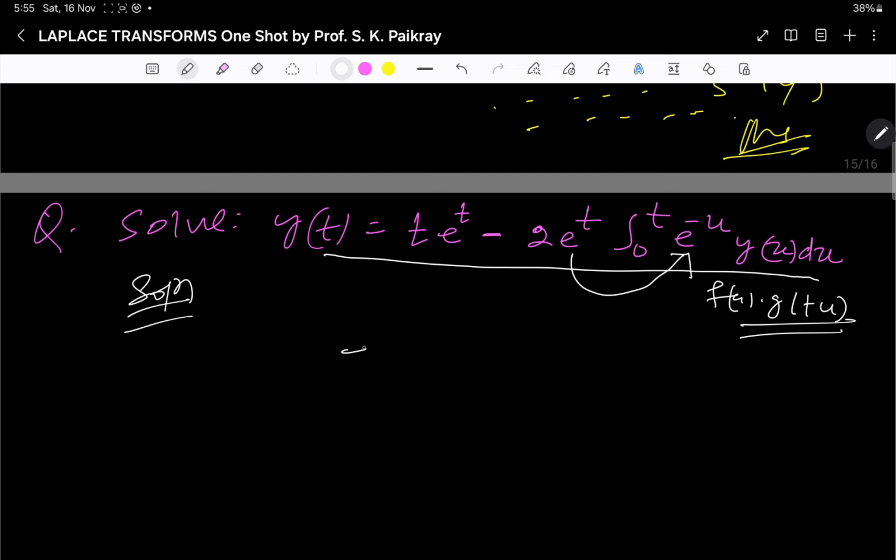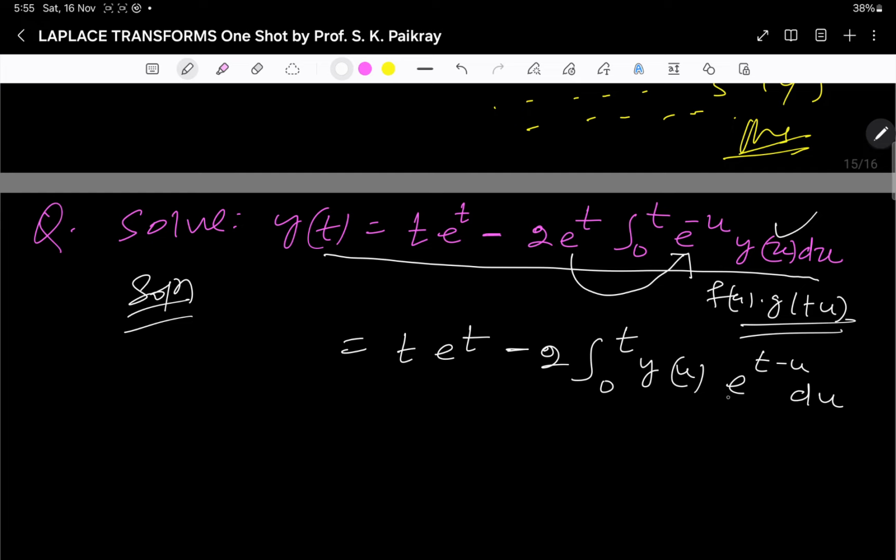So this will be t e to the power t minus 2 times the integral from 0 to t of y(u) e to the power (t minus u) du, isn't it? Now it is of this form. This is f, this is g, so I can write it as t e to the power t minus 2 times y(t) convolution of e to the power t.